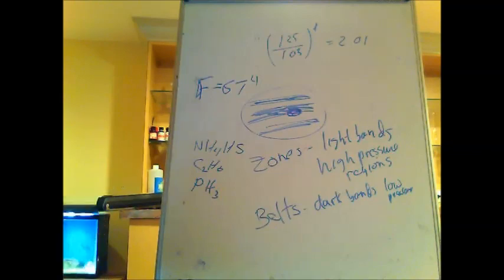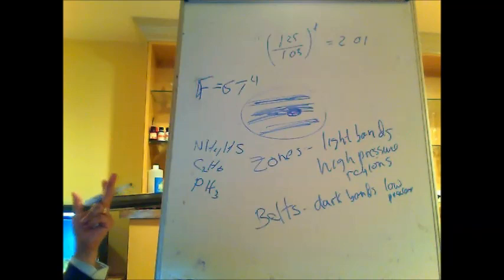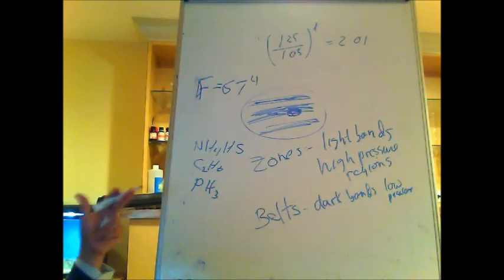Although the pressure is still very great, about 10 atmospheres, the temperature of 300 Kelvin is comparable to Earth's temperature. So it has been postulated at various points in time that if some form of life could exist on Jupiter, let's say in Jupiter's atmosphere, it would probably be somewhere in the zone where it's warm enough, although the pressure is very, very high.